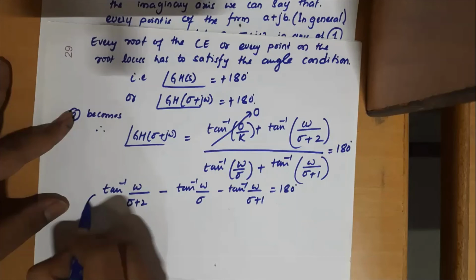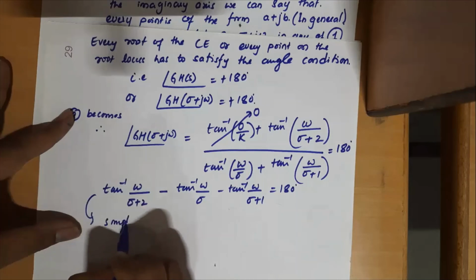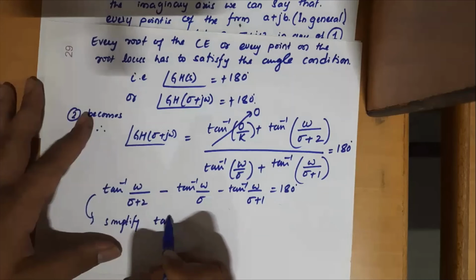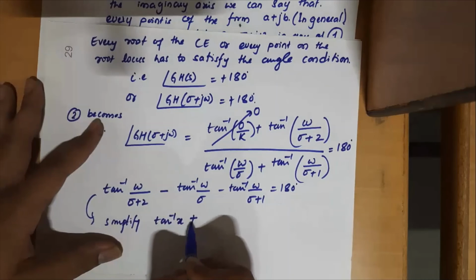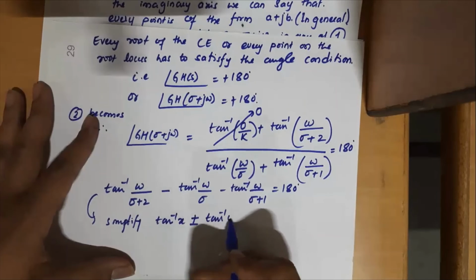That's why part of the root locus is a circle. To show that, I have to do some algebra and finally end up with an equation that looks like that of a circle. That's our ultimate objective. So how do we arrive at the equation of a circle?